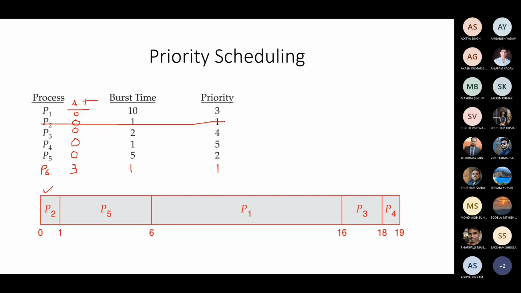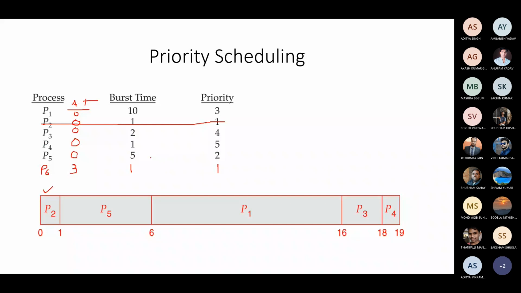Next, what is the highest priority? 2, right? At arrival time 0, 2 is coming. The next highest priority is P6 with priority 1, but its arrival time is only at the third millisecond. So till the third millisecond, the processor need not wait. It will allocate P5.